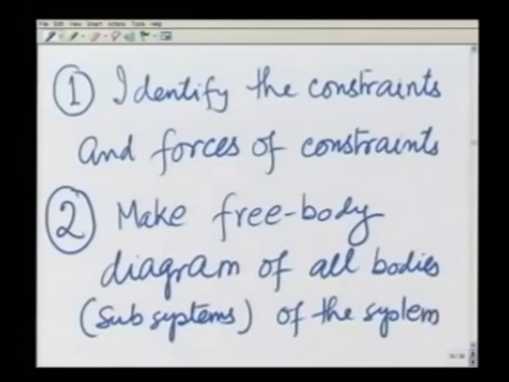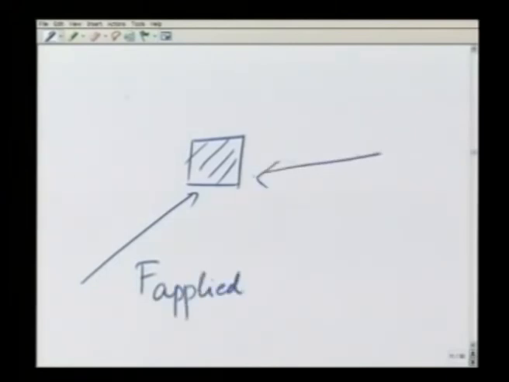Let me remind you what a free body diagram is. When I make a free body diagram for a body, I make that body free and consider all the forces that are being applied from outside and the constraint forces on it.